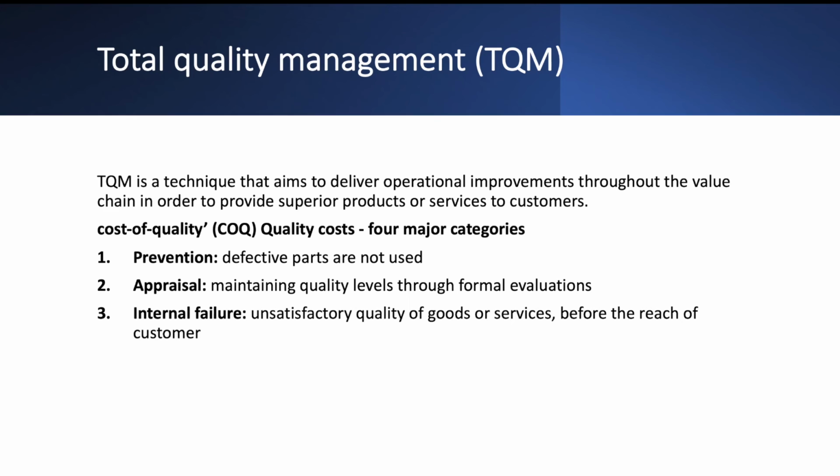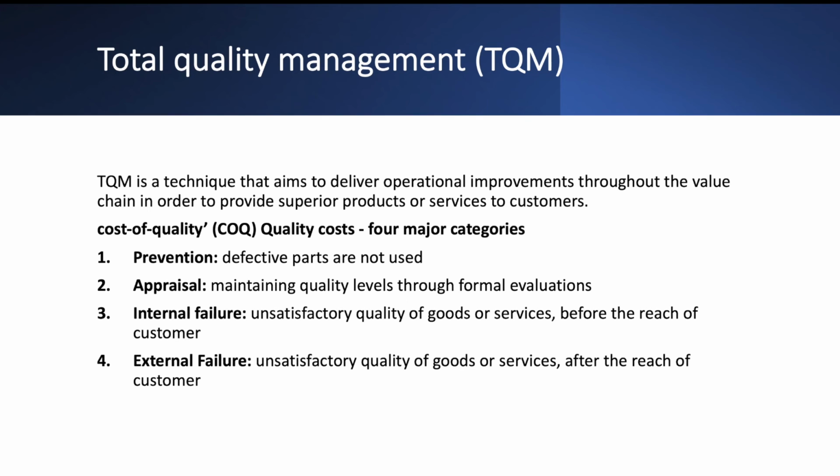Internal failure is the failure of the organization. External failure is when the product has been delivered to the customer, and after a couple of uses, or even before use, it turns out to be faulty after reaching the customer.